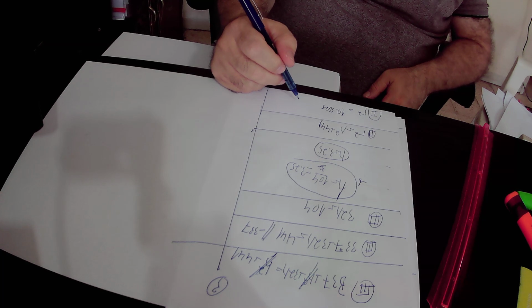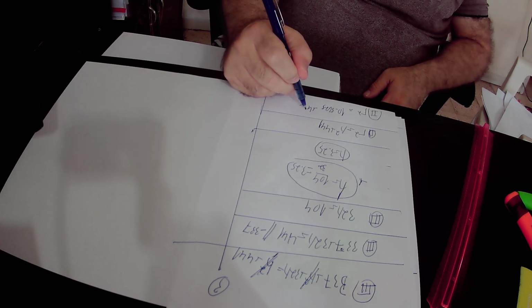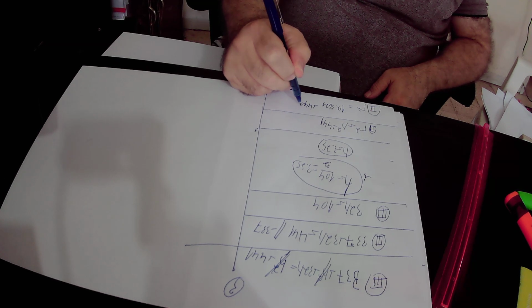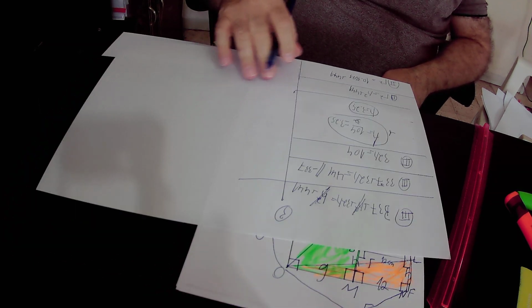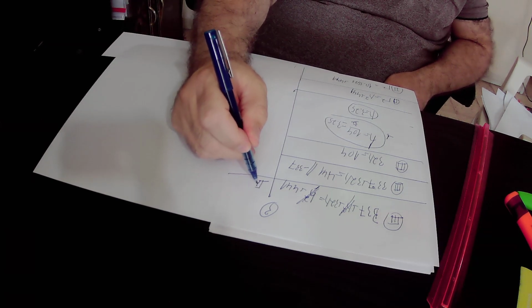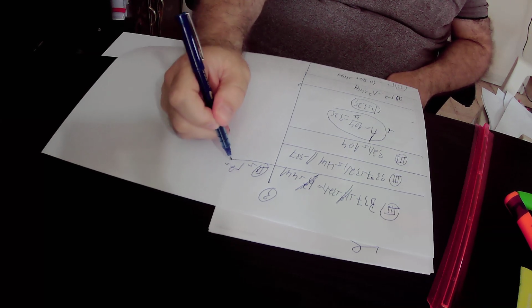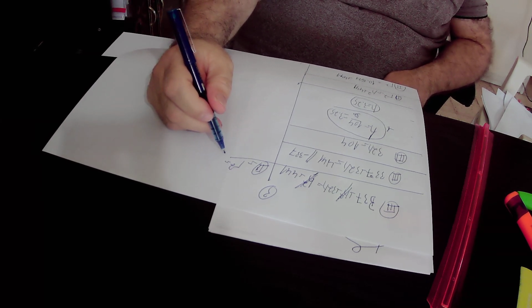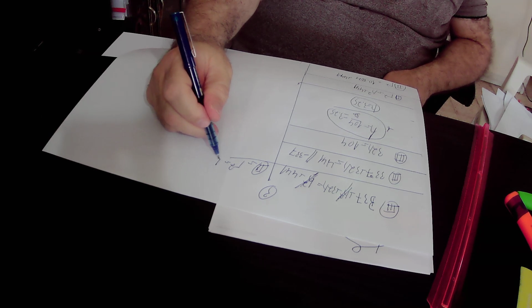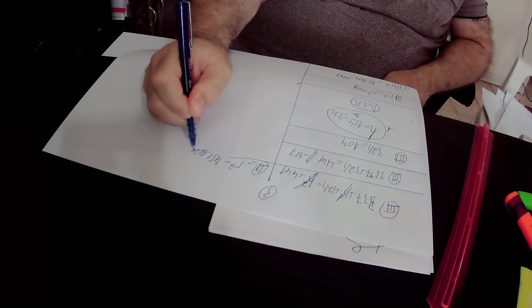So R squared equals H squared plus 441. It means R squared equals 10.5625 plus 441, which equals 451.5625.